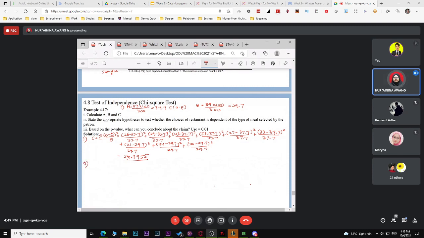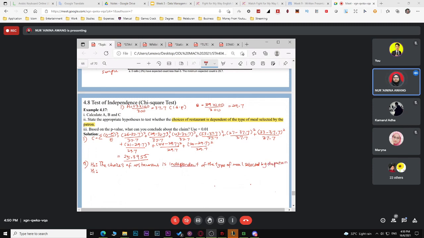And then for question 2, the question only asks you to write the hypothesis. So for H null, just write it, you just change it to independent. And your H1 should be the question. Okay? So we say that the choice of restaurant is independent of the type of meal selected by the patron.